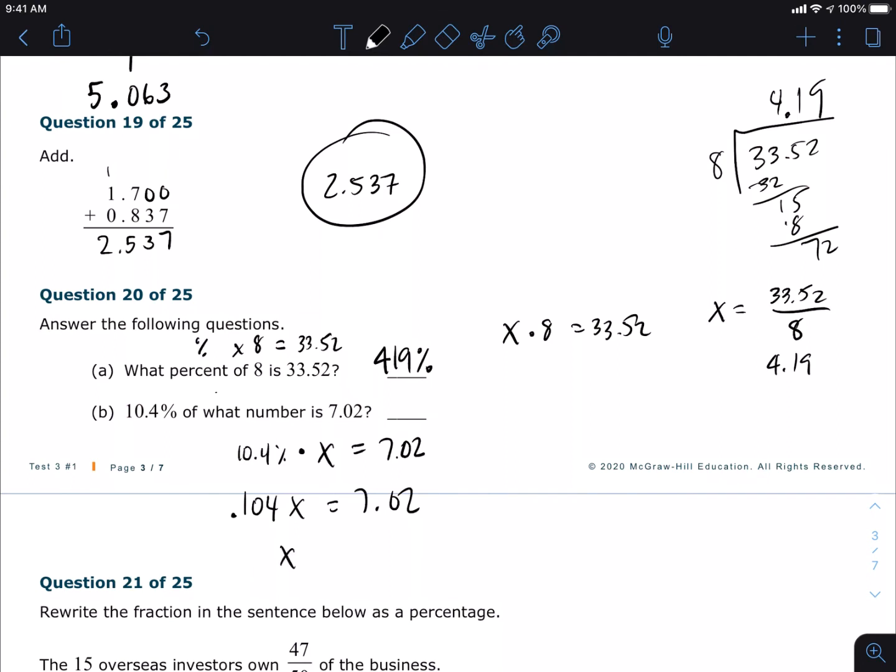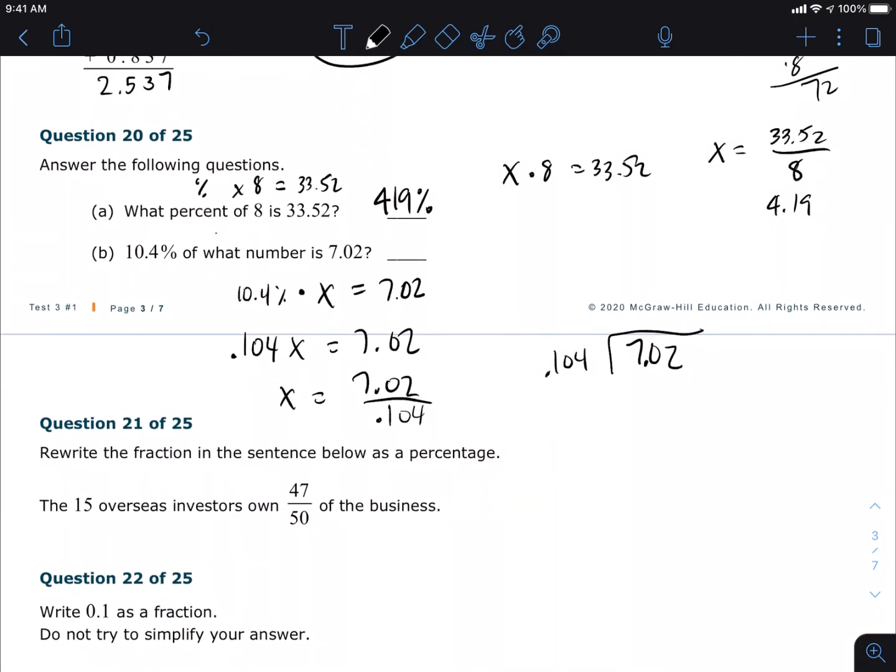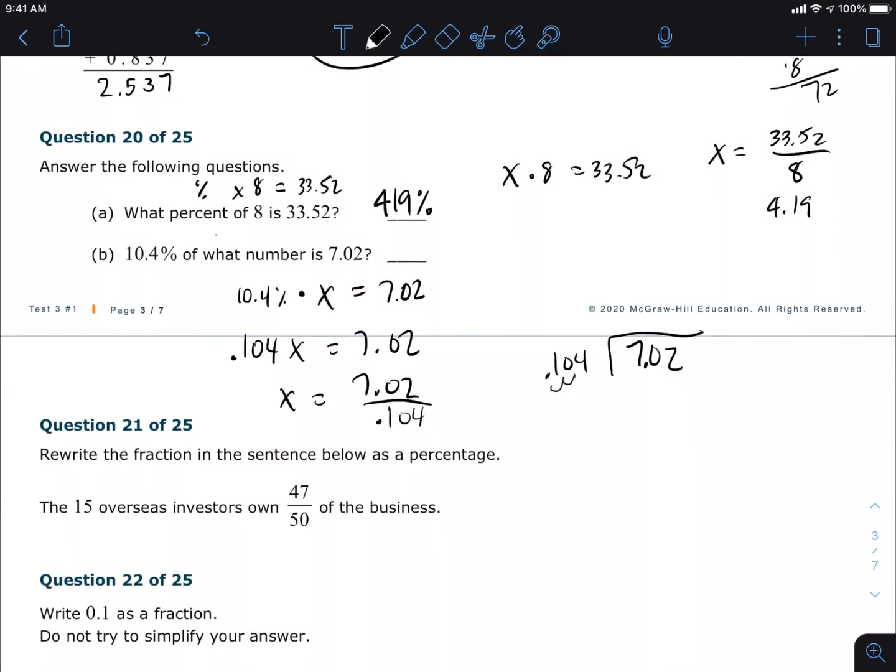And so x is going to be equal to 7.02 divided by 0.104. I don't know how Alex taught this to you, but I was always taught move 1, 2, 3. So this should move 1, 2, 3. And that's where the decimal goes.